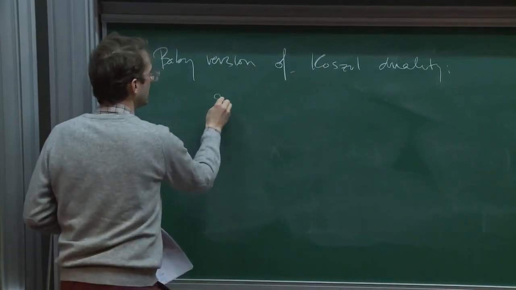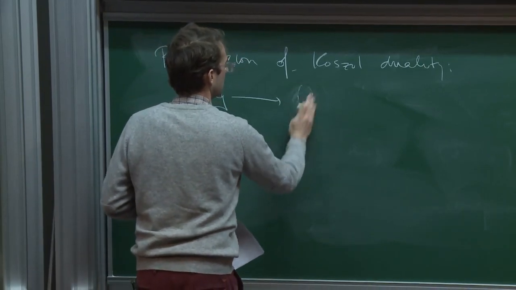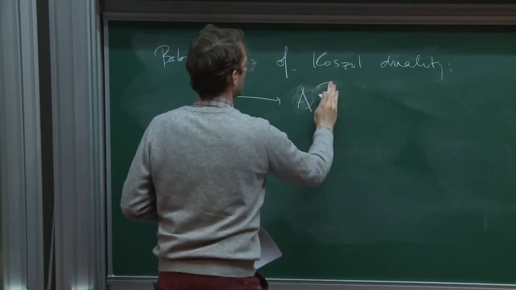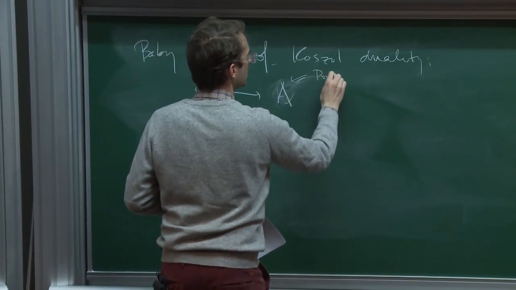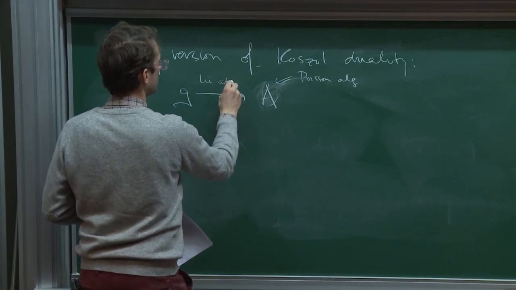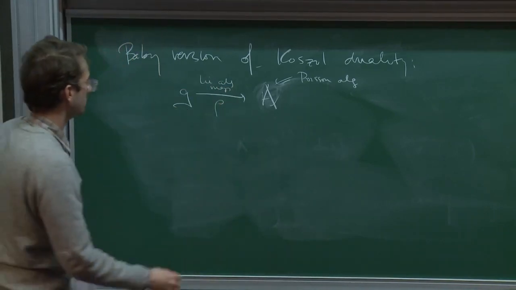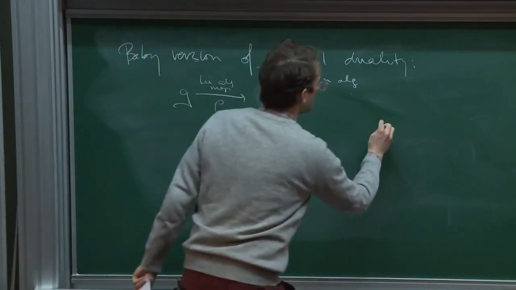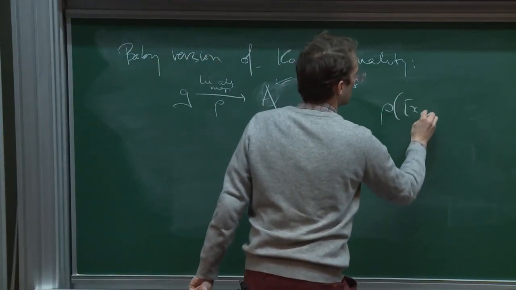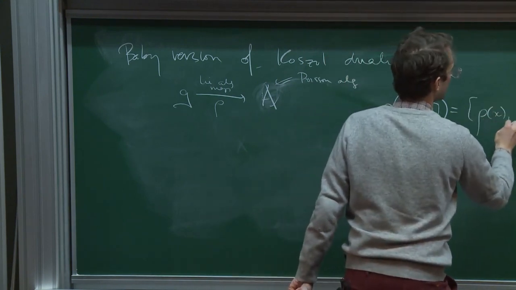To give a map from a Lie algebra G into, say, A, let's say this is a Poisson algebra, and this is some Lie algebra map, rho. Well, this means that rho of a commutator should be the commutator of rho applied to the inputs.